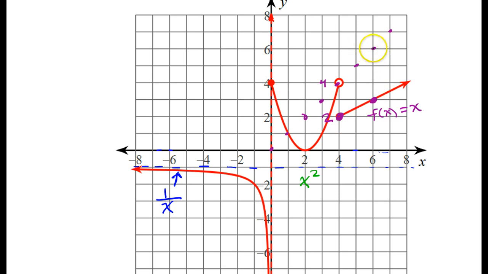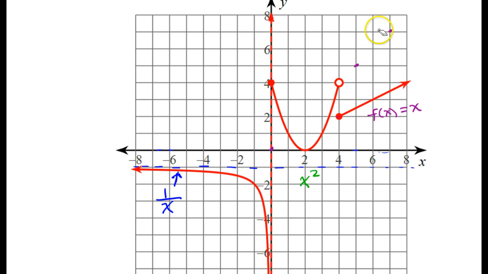Okay, this point, for example, is at 6, and the corresponding point is at 3. So what's happening? Each point is half the value that it used to be. 4 becomes 2, 6 becomes 3. All right, 8 becomes 4. So everything is 1/2 its original value.